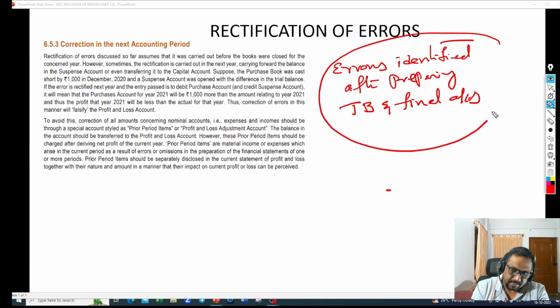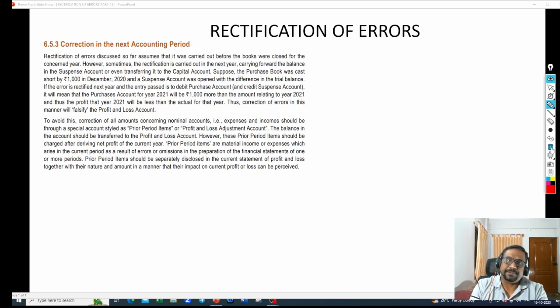This is what we are going to learn today. Errors identified after preparing trial balance and final accounts. A few important points we need to keep in mind here.